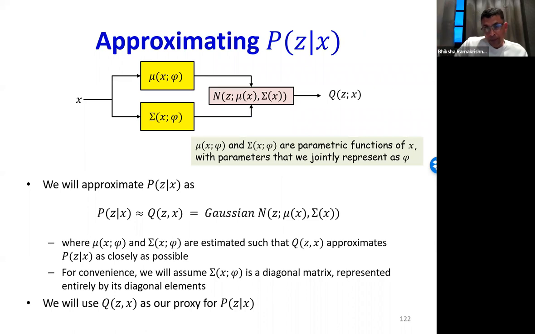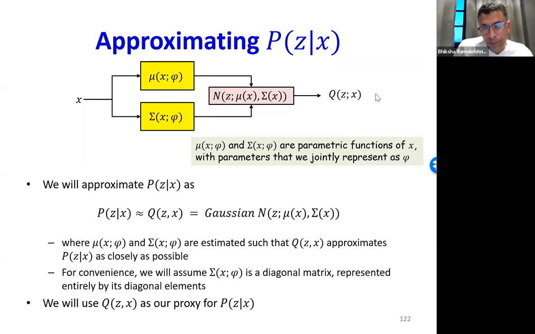And if you go back and remember those functions, the plots that I drew, when Q of Z is exactly equal to P of Z given X, our lower bound function touched the log likelihood function. So it gave us some guarantees. But if it approximates it, it won't quite touch it. So maximizing the lower bound function is not necessarily guaranteed to increase the log likelihood in every step, but it's the best we can do, right?